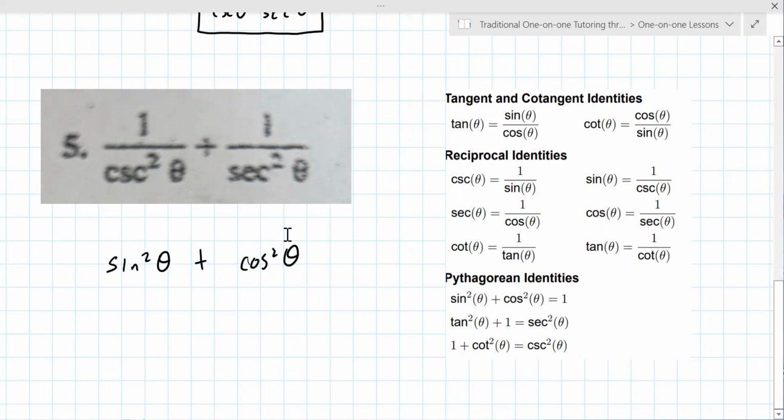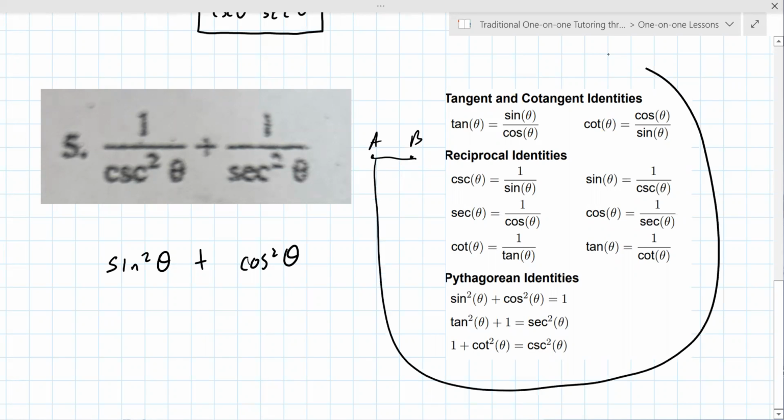Now, if you go off and try to make a common denominator here, but you miss this, you go down the wrong path. If you go from A to B, there's a straight line, or you go around. You want to take the shortest path. So now, how about sine squared plus cosine squared? Does that stand out to you as anything?